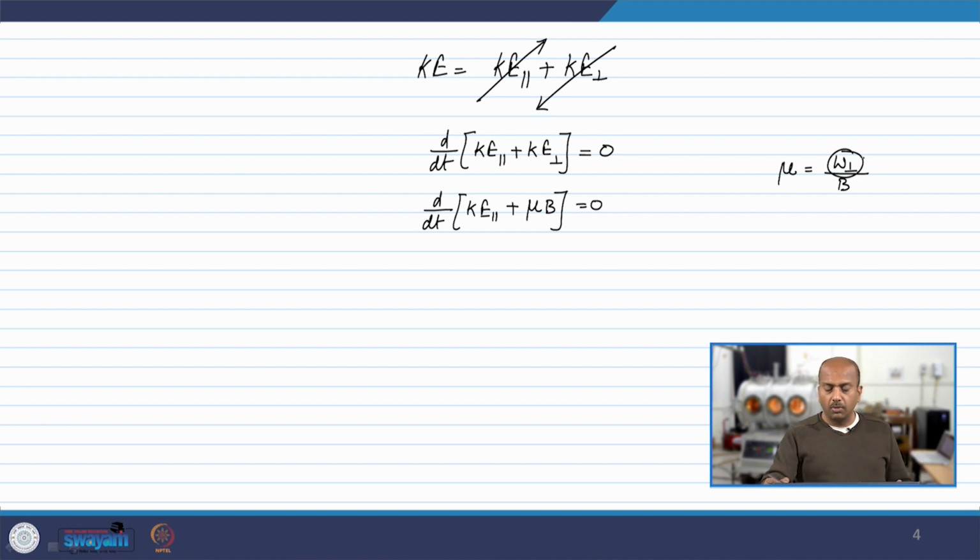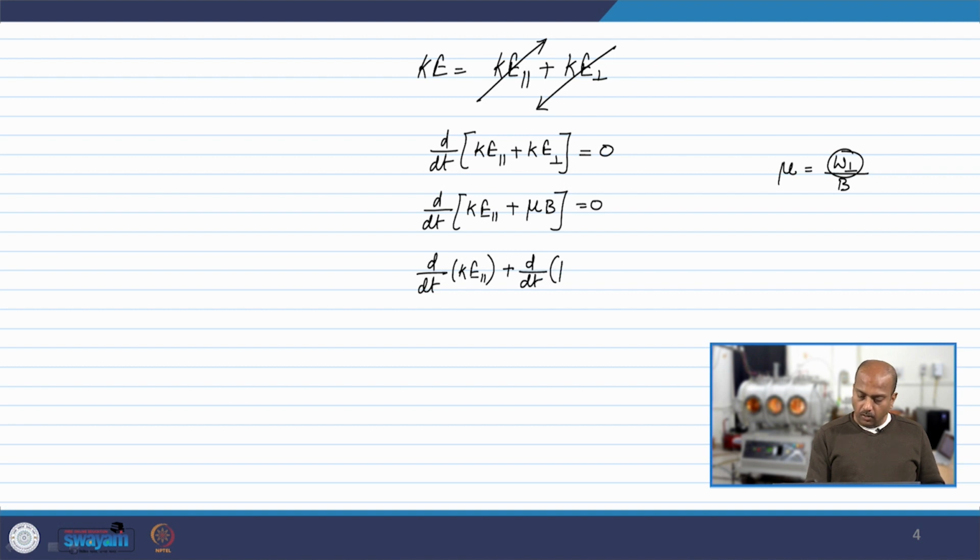I am not using KE perpendicular, but W perpendicular is the perpendicular kinetic energy, which is equal to mu B, right. So I will write d/dt of KE parallel plus d/dt of mu B should be equal to 0.